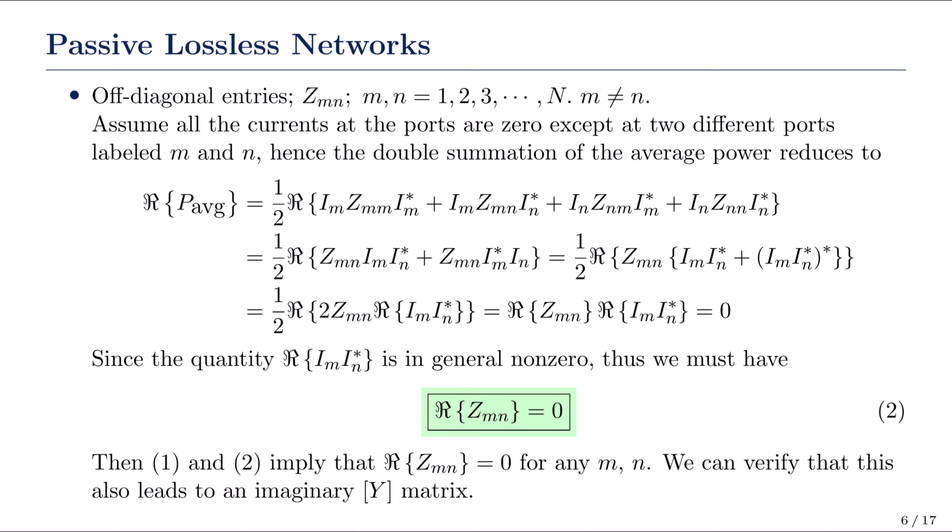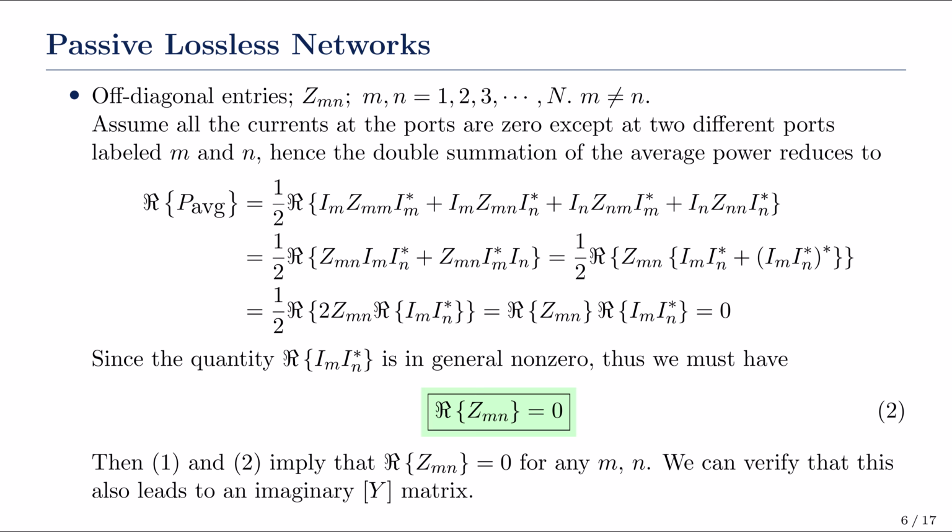We now consider an off-diagonal element Z sub mn with m different from n. We excite only two different ports, m and n, while setting all other currents to zero. The average power expression then contains the two cross terms involving Z sub mn and Z sub nm.